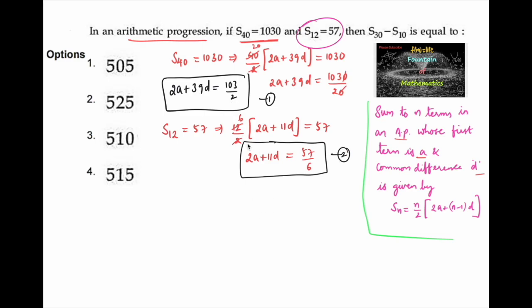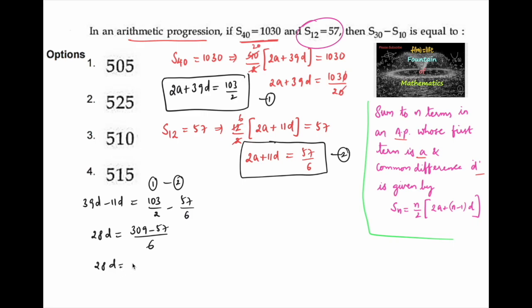Now solving, subtracting 1 and 2. Equation 1 minus equation 2, we get 39d minus 11d is equal to 103 upon 2 minus 57 upon 6. So that is 28 times d is equal to, so here 3 times, so 309 minus 57 divided by 6.